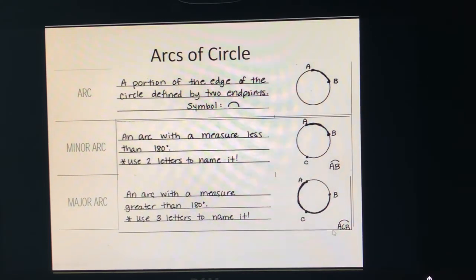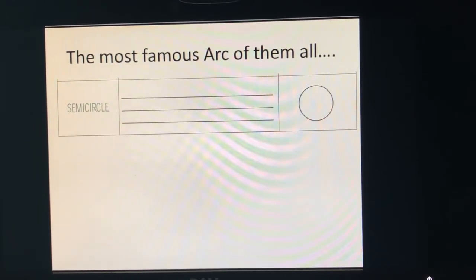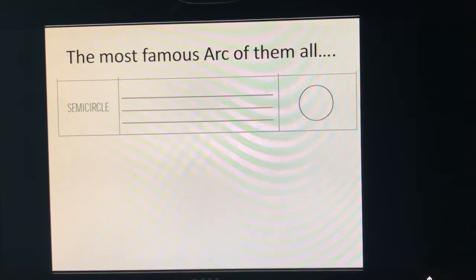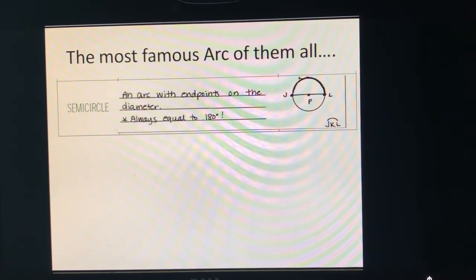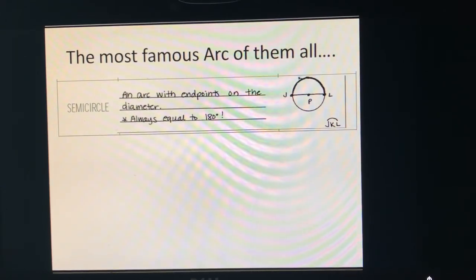All right, and the most famous arc of them all, sung in the tune of Rudolph, is the semicircle. All right, and this is an arc with endpoints that are the diameter. And remember, a few minutes ago, we talked about how the diameter goes through the center of the circle. So if you have a diameter, you're going to see a center point, and you're going to see a line going through that point.